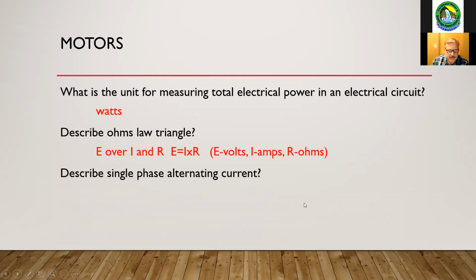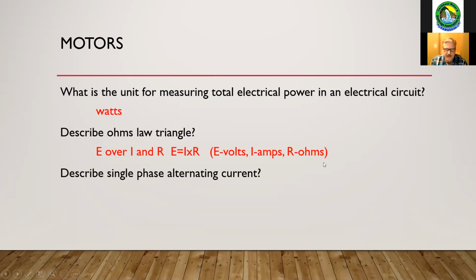And describe a single phase alternating current. One answer there, it's not quite right.